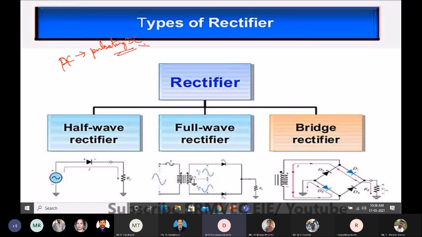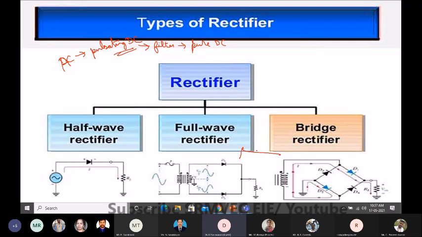Very, very important: after that you have to include a filter, then only you can get pure DC. In rectifiers we have the half wave rectifier and the full wave rectifier. In the full wave we are using center tapping and the bridge type. The bridge rectifier is also a full wave rectifier only.